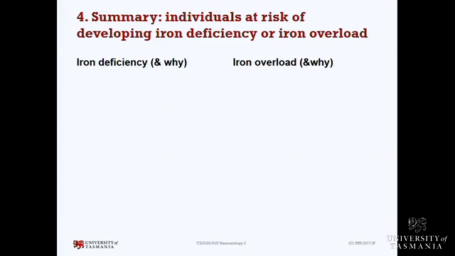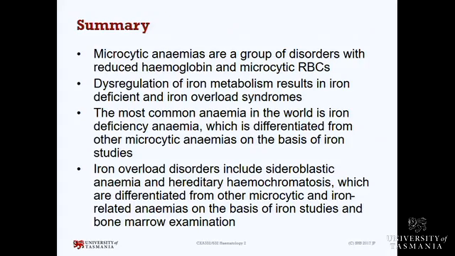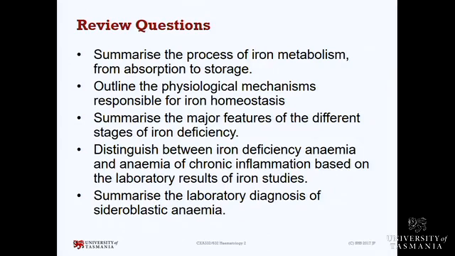I really want you to get into the habit of justifying any statement you make. Whenever you identify that this is so, or this is what we do next, you have to explain why. And there's a summary for you, plus some review questions.